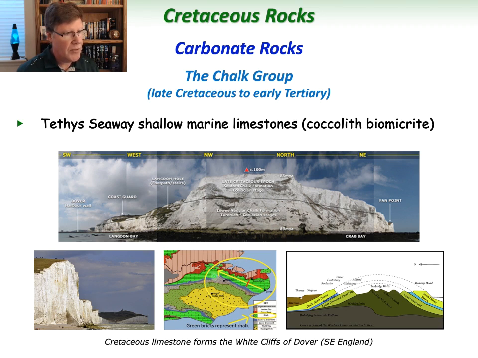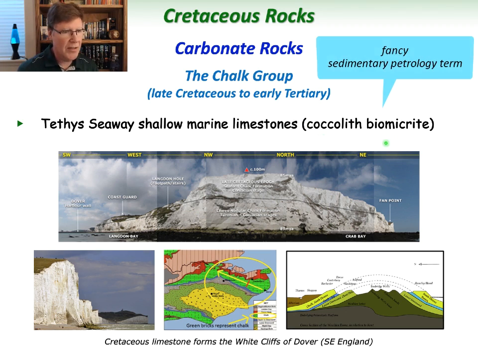Shallow marine limestones, tiny organisms with their calcareous shells forming chalk. As they die, they fall on the seafloor, and you have this calcareous sediment that actually has a name, coccolith biomicrite. And the coccolith is the small little shell, and biomicrite is microscopic limestone that's coming from a biological organism.